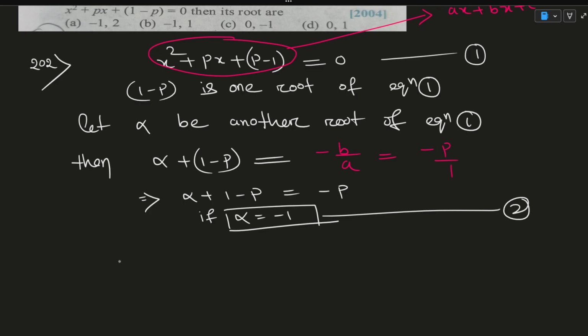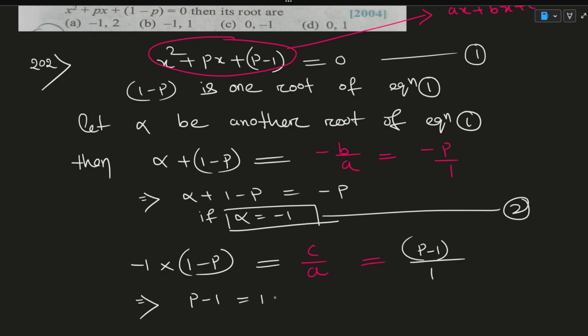Now the product of two roots, that is minus 1 into 1 minus p, should be c by a. Here c is p minus 1 and a is 1, which implies p minus 1 will be equal to 1 minus p, which implies 2p equals 2, which implies p equals 1.